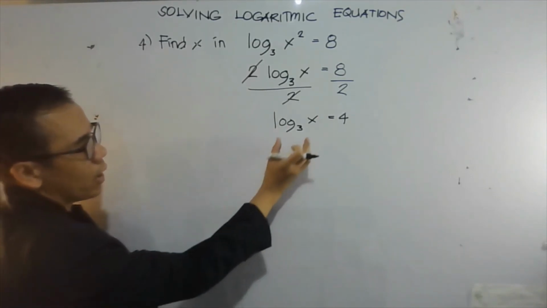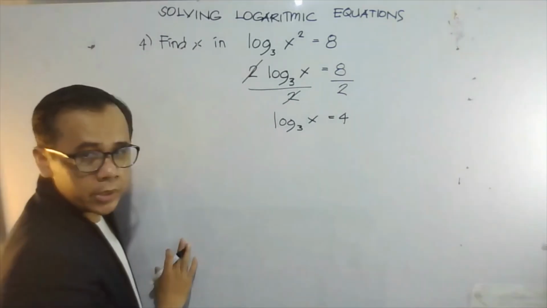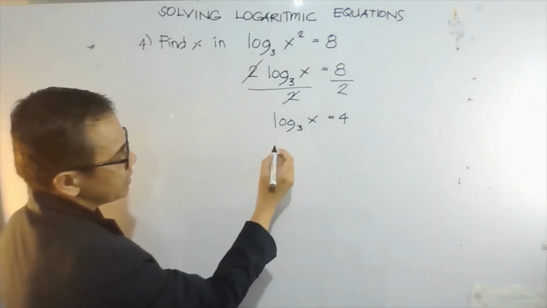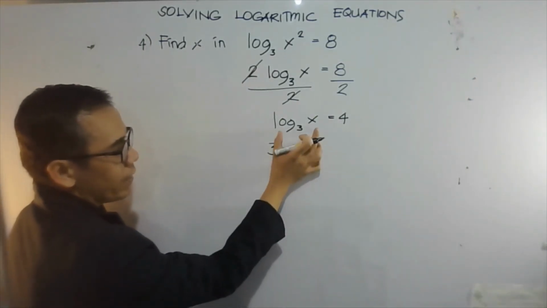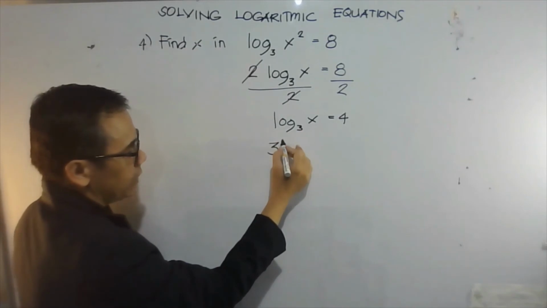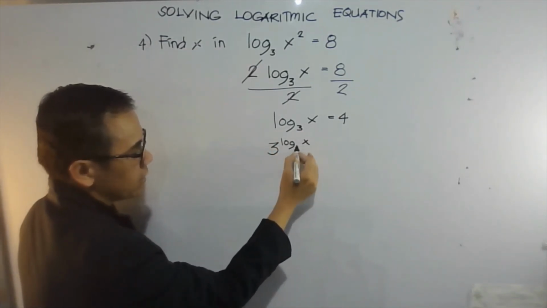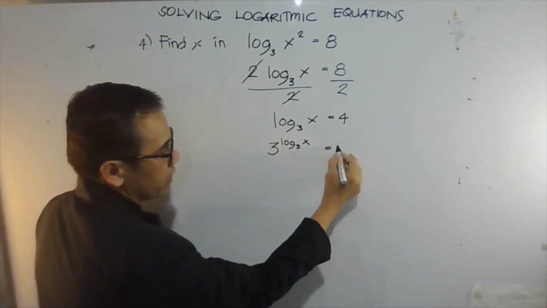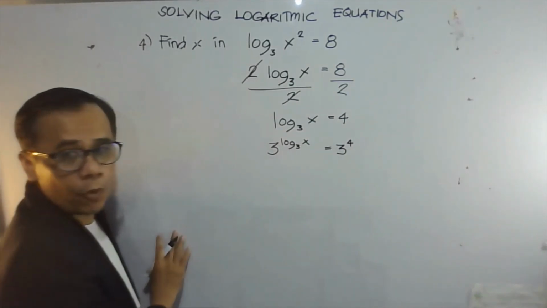So how are we going to eliminate the logarithm? Applying property number 4 in our previous discussion, we have 3 and we make this an exponent: 3 raised to the power of log of x base 3, and also write here 3 raised to the power of 4.